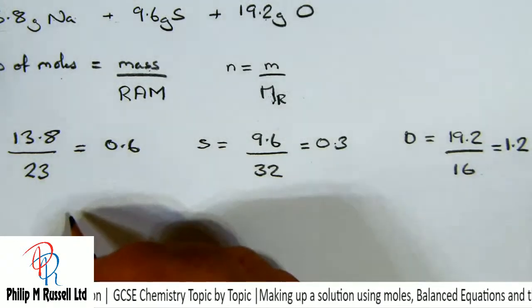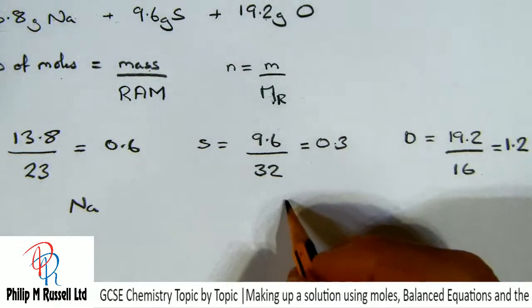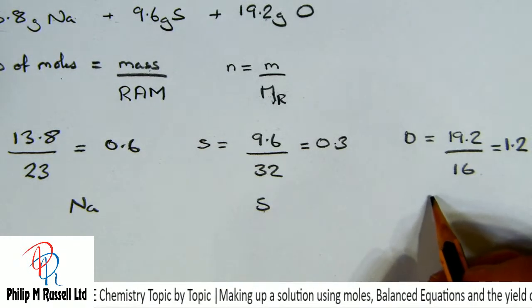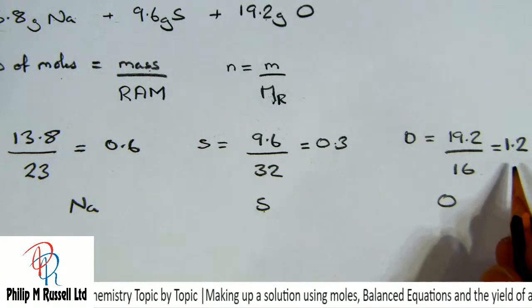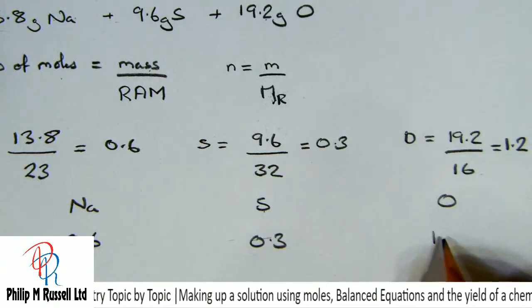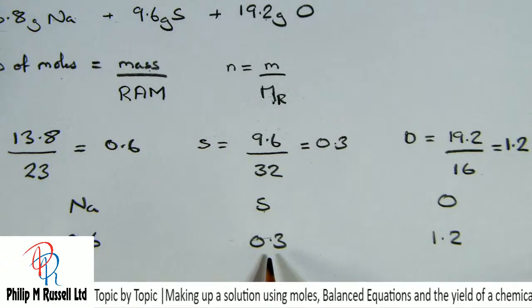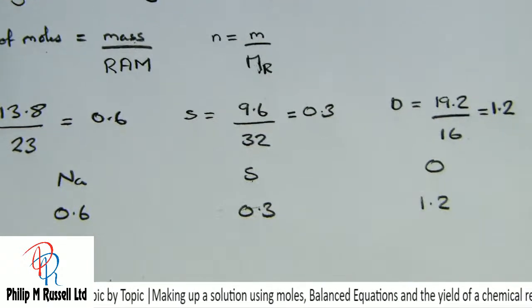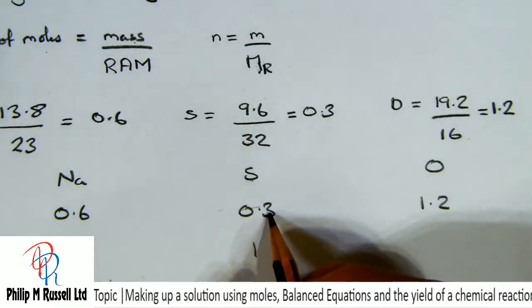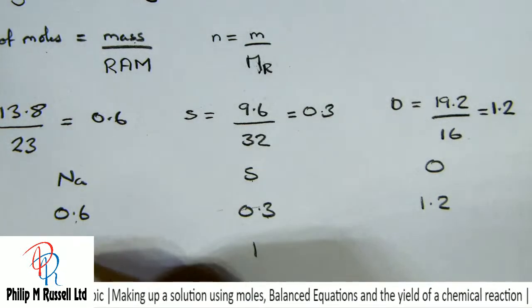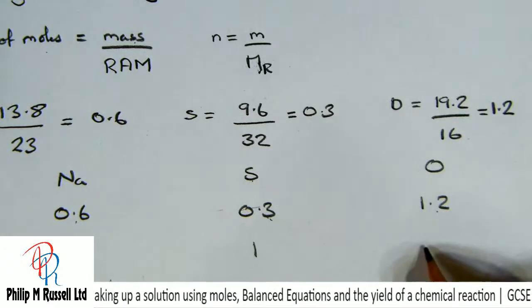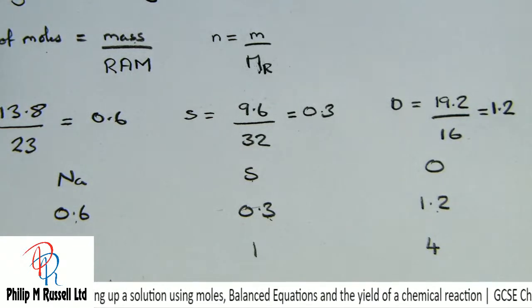We've got 0.6 of sodium reacting with 0.3 of sulfur with 1.2 of oxygen. Let's divide them by the smallest. So 0.3 into 0.3, I can do that without a calculator. That's going to give me 1. 0.3 into 0.6 will go twice, and 0.3 into 1.2 is going to give me 4.